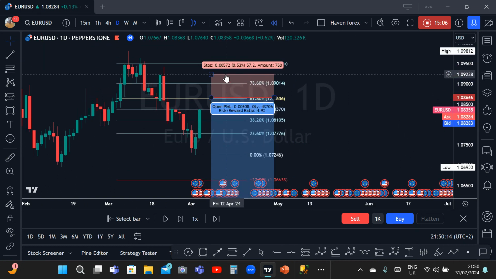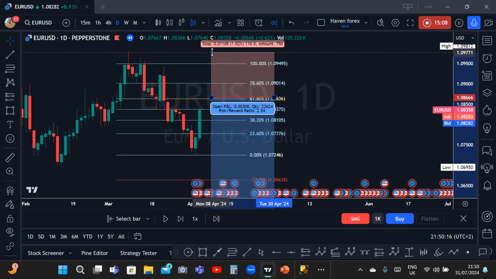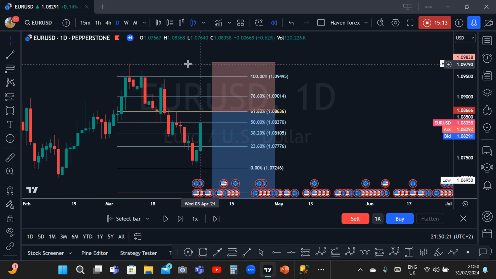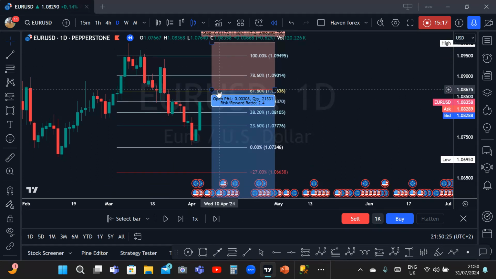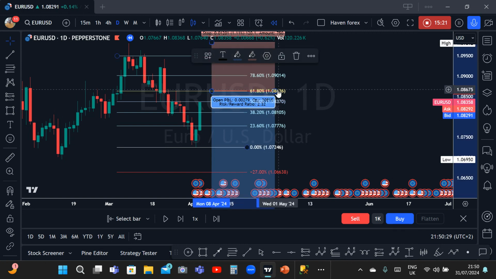Put your stop loss at the top of the structure. Your entry will be here, 1.08656.